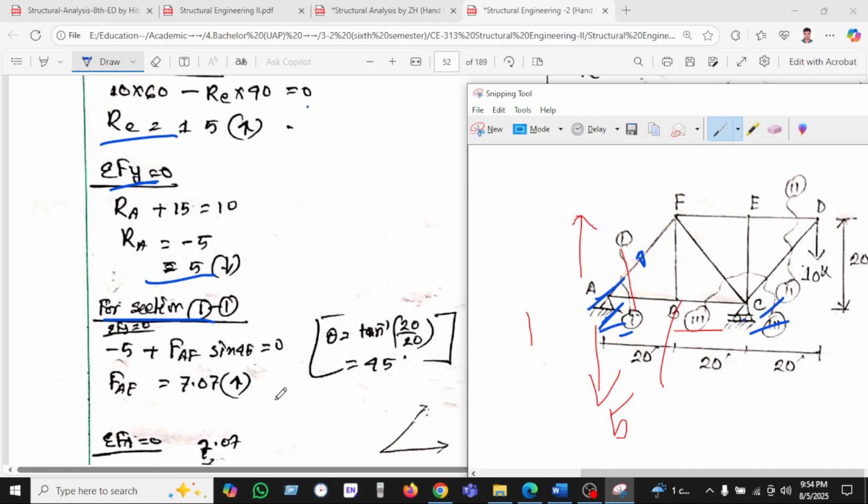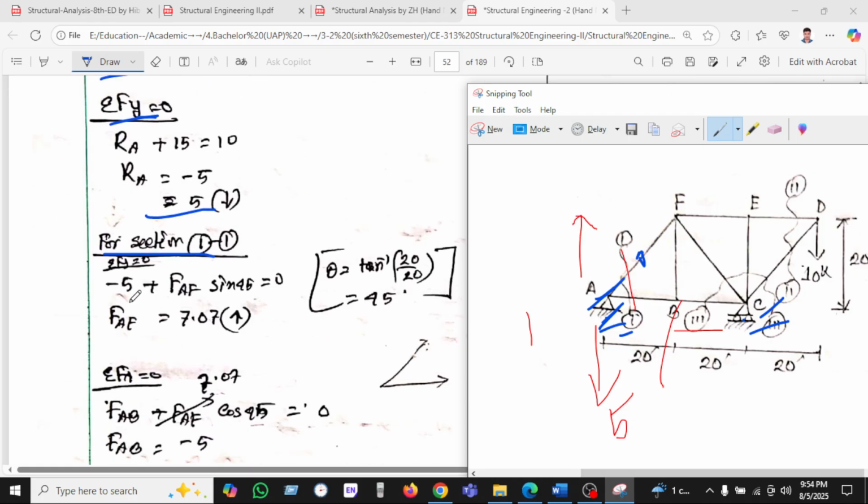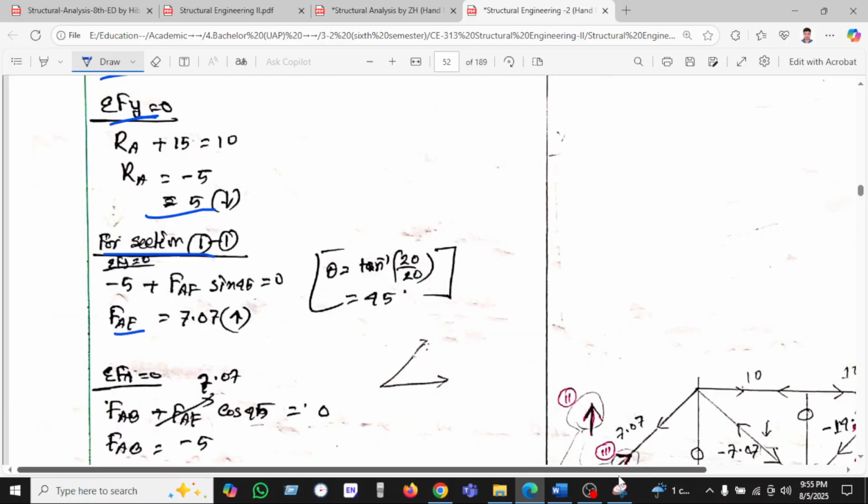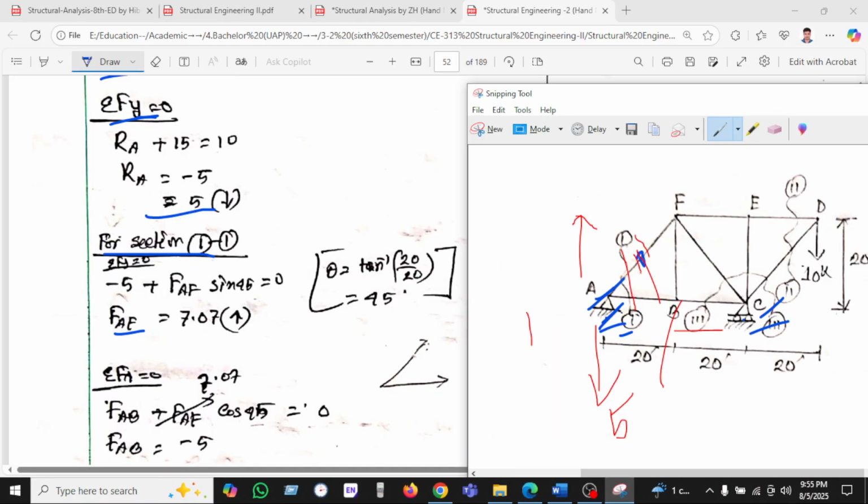How? Let's see how we calculate. The 5 is downward. So we calculate theta: 10 into 20 into 20, height over length, and we find 45. So this member FAF into sine 45, and in this case from sine AB equal to sine AF we get 7.71, which is upward.